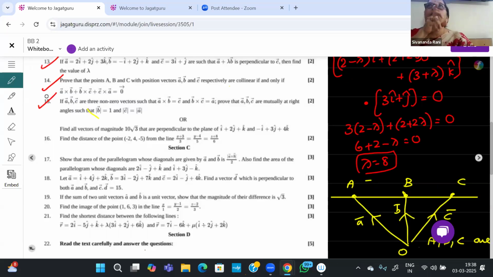See, let me tell you one important aspect of any board exam. Don't leave anything, okay? Because sometimes it may be out of syllabus, or sometimes they may decide to give you marks just because you attempted it. And they may give you liberal marks for saying something relating to the problem.